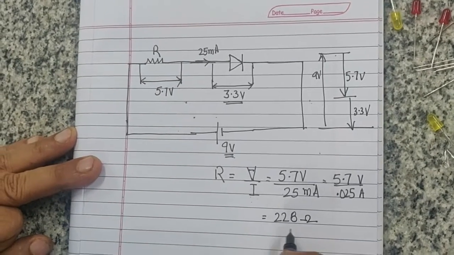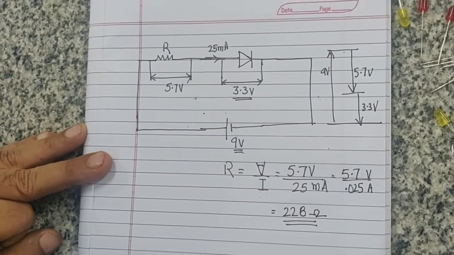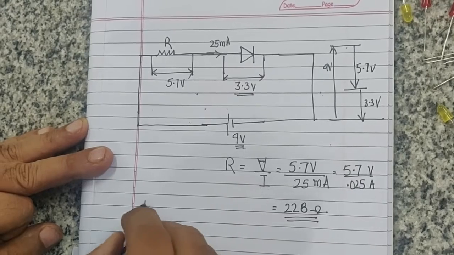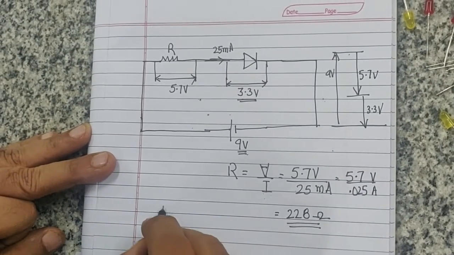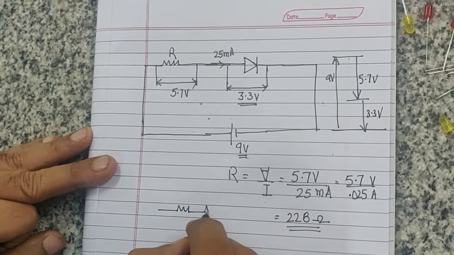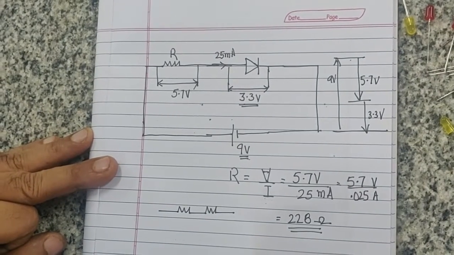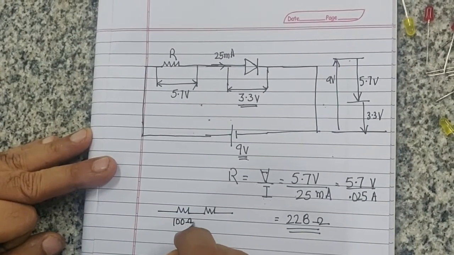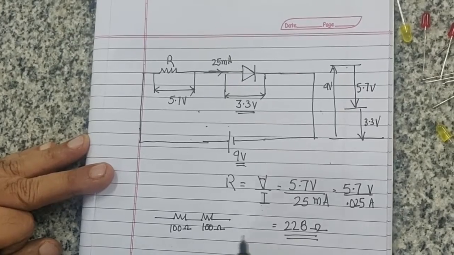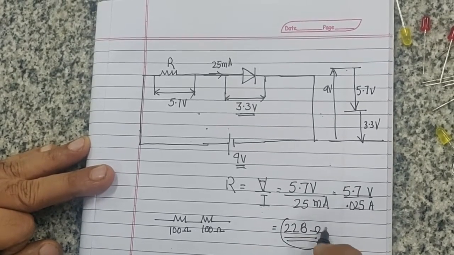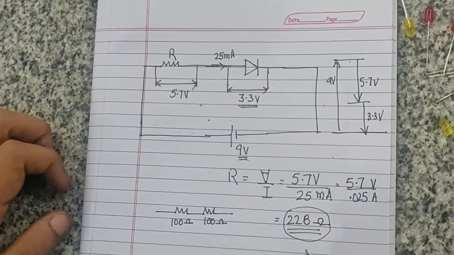Since I don't have 228 ohms but I have 100 ohm resistors, I'm going to achieve this by connecting two 100 ohm resistors in series, giving 200 ohms. This is pretty close to 228, so I should be fine.